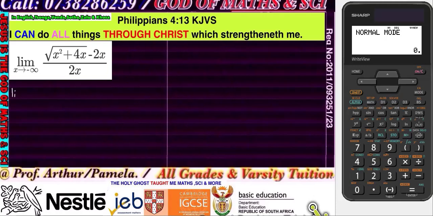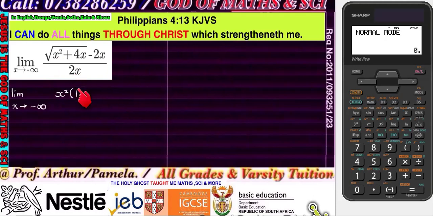So you have the limit as x approaches negative infinity. Under the square root, I'm going to pull out x squared, and this is still beneath the radical sign, so I'm going to have 1 plus. Remember, when you pull out the x squared, you are dividing by x squared.